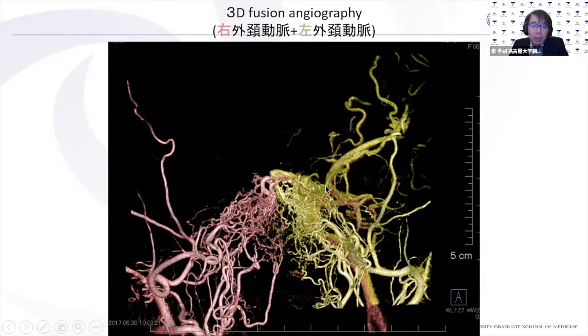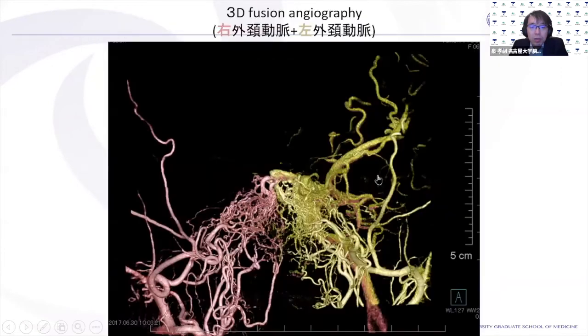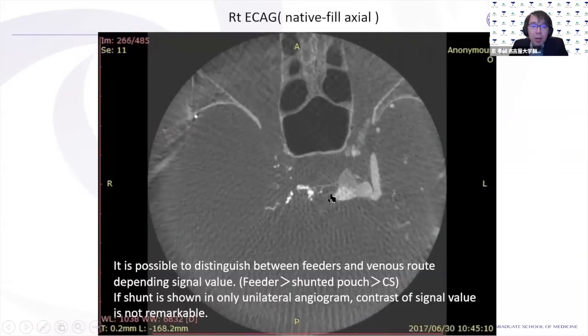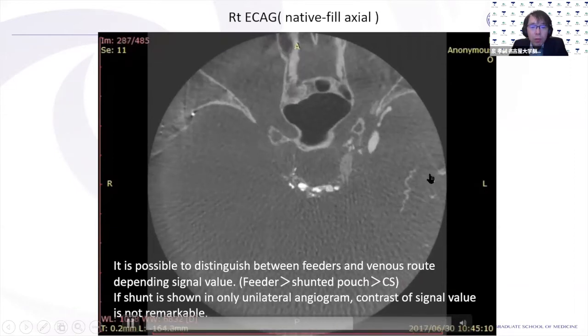Here is a very beautiful image, but I think this 3D image has less information than the source image. Here is the source image of this 3D DSA, and this image has a lot of information.